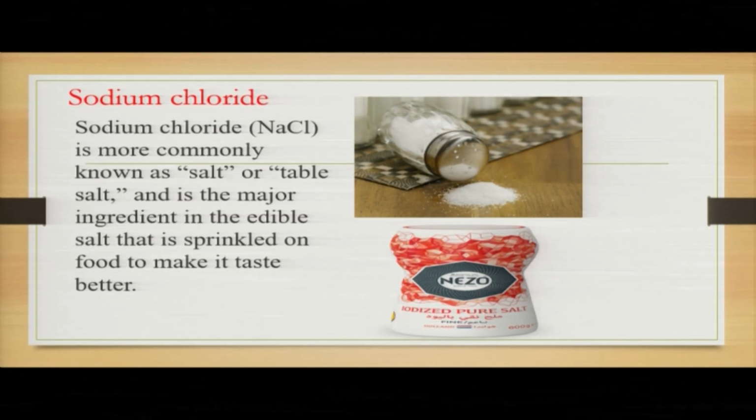For what? It prevents goiter. The swelling of the thyroid glands is caused by the deficiency of iodine in the food. That swelling that usually comes here in the neck is a result of iodine deficiency.